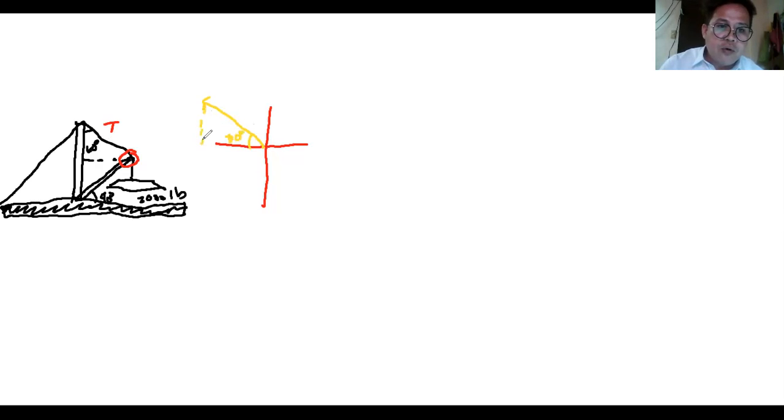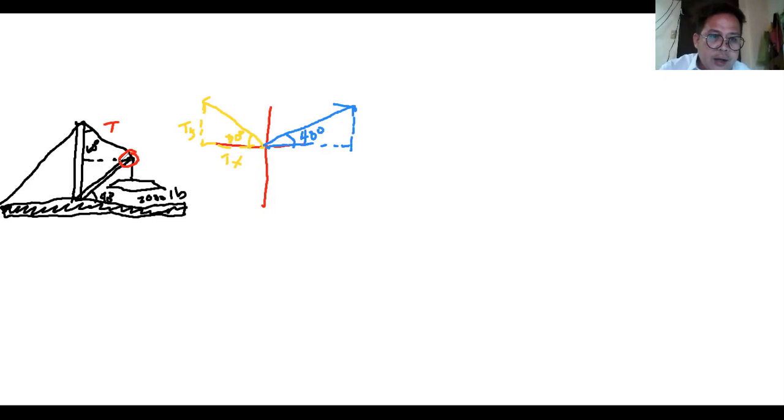So you will have your tension Y and tension X, right? Then the second force is the reaction of the boom, right over here. Now, you will have the forces in the Y and the forces in the X. And this is actually 40 degrees.